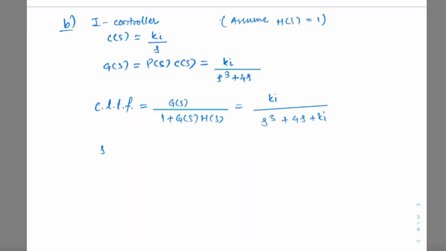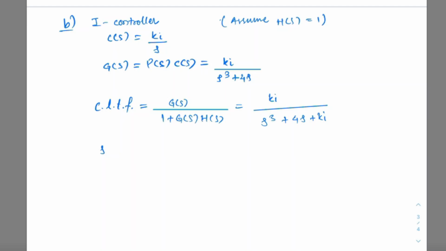That is, the roots, or rather the poles of the closed loop transfer function are not completely in the left half of the complex plane.